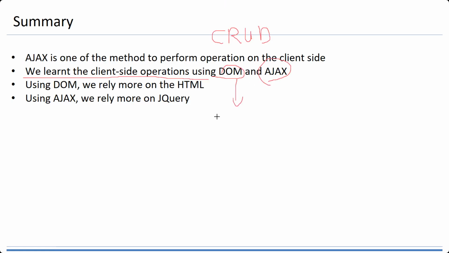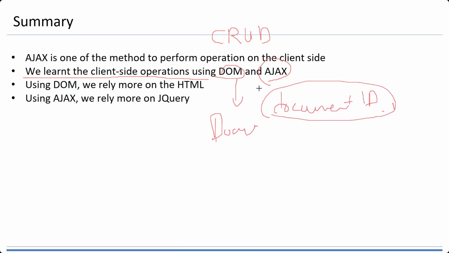So DOM is based on the document object model. So you need to access every document with the ID. If you use the DOM, of course, it is a tedious job. But when you use the AJAX, you can use the jQuery, and it is easier to connect with the server.